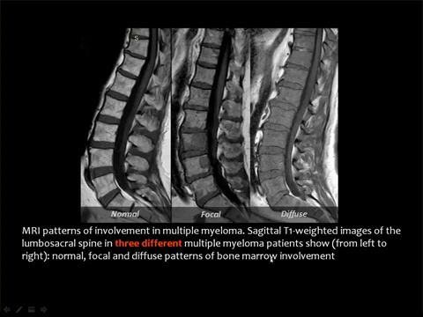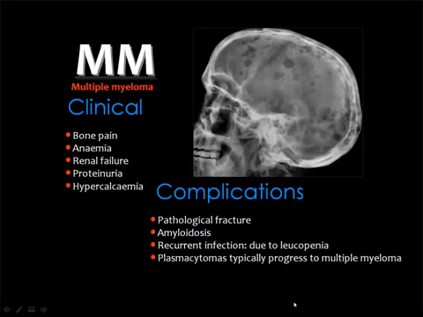Then here you can see different manifestations of myeloma. This is the normal appearance of the bone marrow in the T1 weighted image. And these are multiple lesions which are not discriminable from metastasis, for example. And this is the diffuse type, where you got significant decrease in the bone marrow signal in the T1 weighted image compared to the normal appearance.